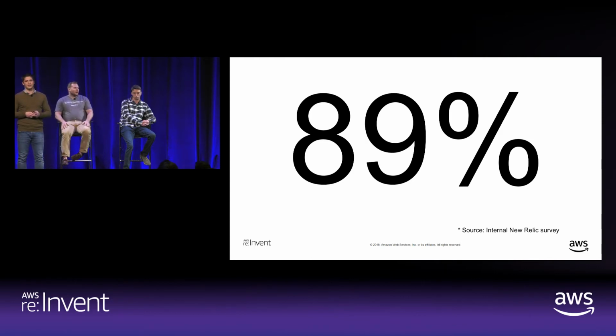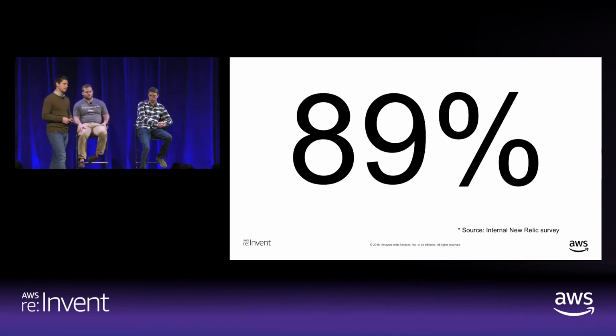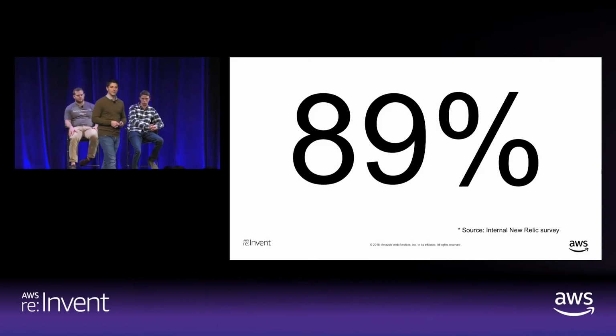We sent an internal survey to customers that we saw were using Lambda intensively, asking what level of frustration they were getting while trying to monitor serverless environments. 89% of them responded they were either frustrated, very frustrated, or extremely frustrated. So that's a lot of frustration to deal with, right? And that comes from September last year. So there's been a lot of people frustrated for a long time.